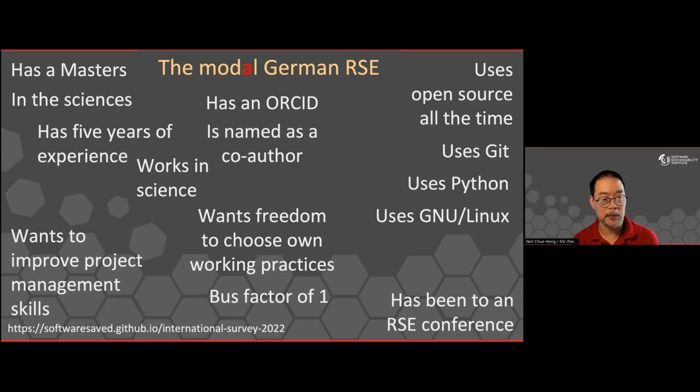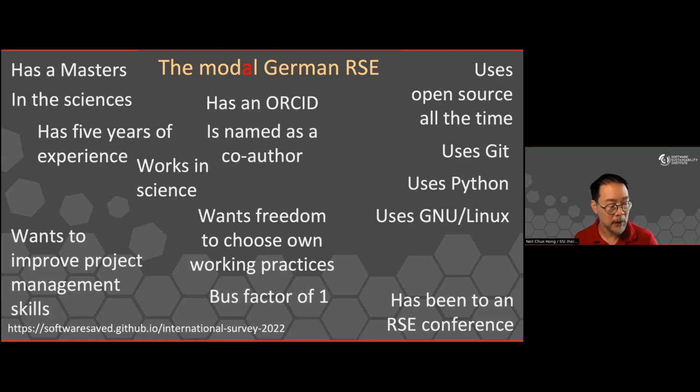And from a personal perspective, I'm really pleased with that because I think to be a thriving RSE community, we need to be able to be inclusive of a number of different ways of becoming a research software engineer. And also because I'm someone who also only has a master's. I don't have a PhD. So it's nice to see that a PhD is not a requirement to become a research software engineer, at least in Germany.